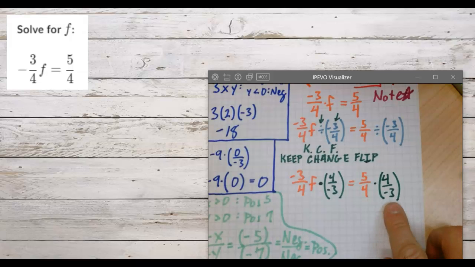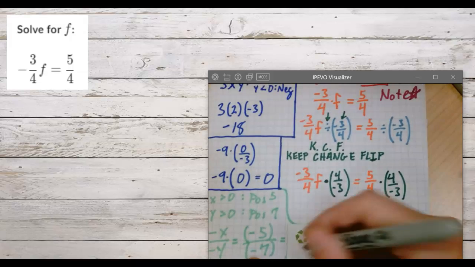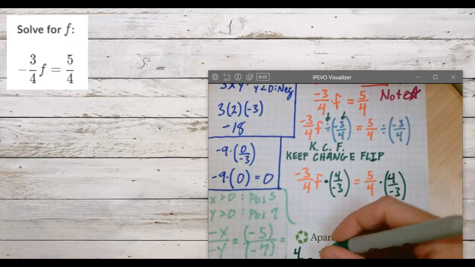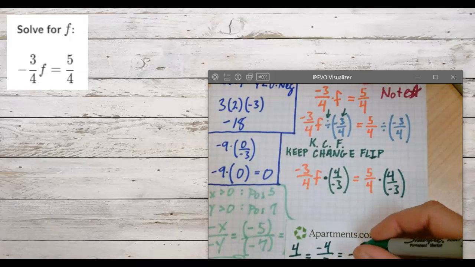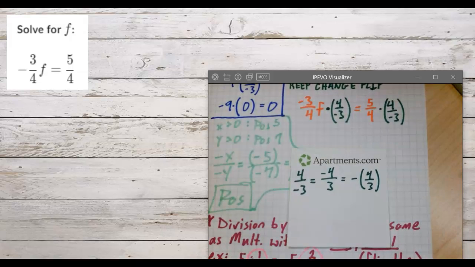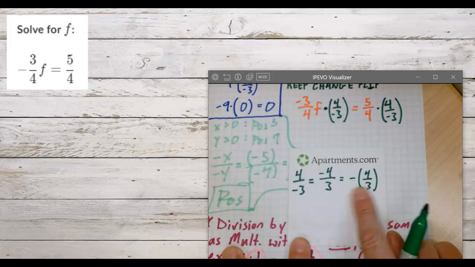Sure, we could put the negative out in front. Okay. So if you want to make a little side note, I'm not going to put this on my notes because they're already complicated enough. 4 divided by negative 3 is the same thing as negative 4 divided by positive 3 is the same thing as negative 4/3. It doesn't matter if the negative is on bottom, on top, or out in front.